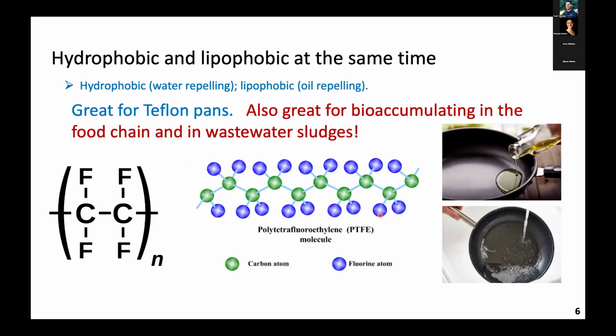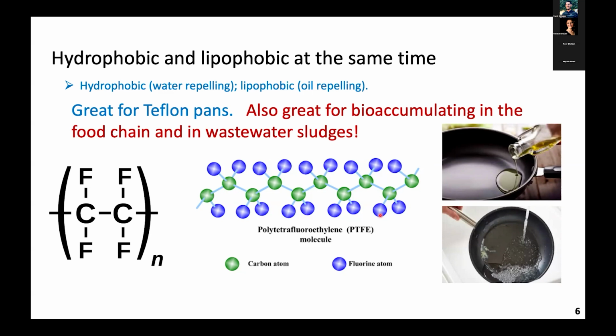At the same time, it's hydrophobic and it's lipophobic. And that's because they have parts that are polar, like for example, in PFOA, you've got the carboxylic group at the end that's negatively charged, and that's lipophobic. But then you've also got that long chain, the other 7 carbons, the fluorines that are very hydrophobic.